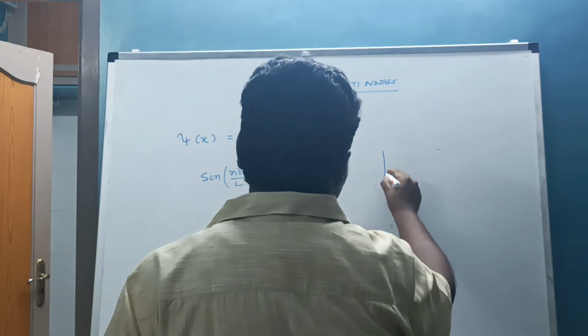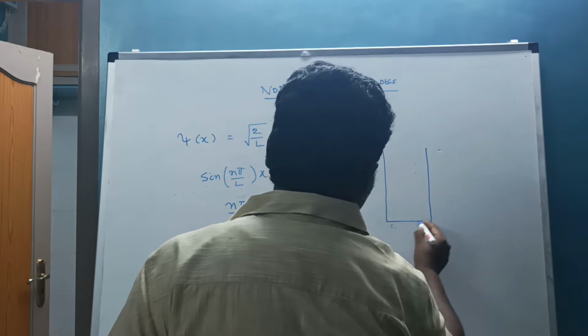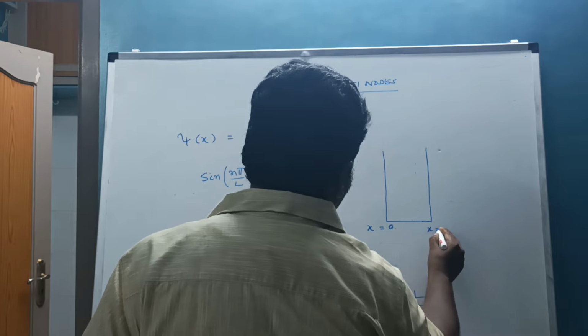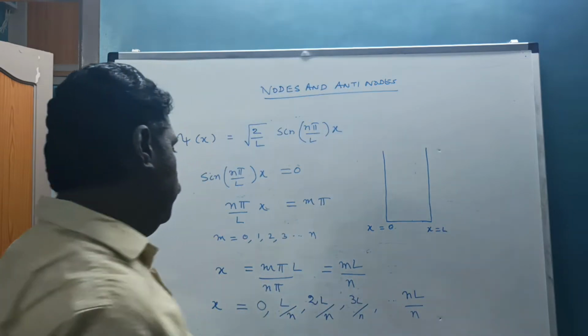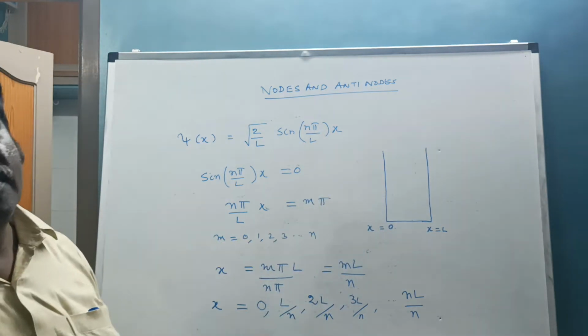You know that the particle is present within the box. x equal to 0 is one end of the wall, x equal to L is the other end of the wall. At the two ends, compulsorily, the value of the wave function is 0.